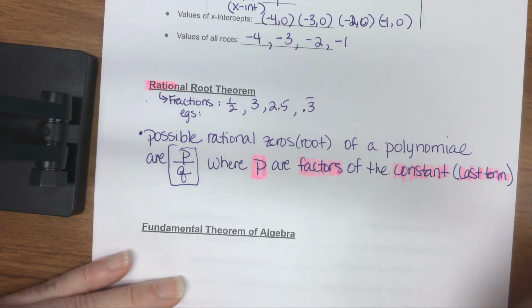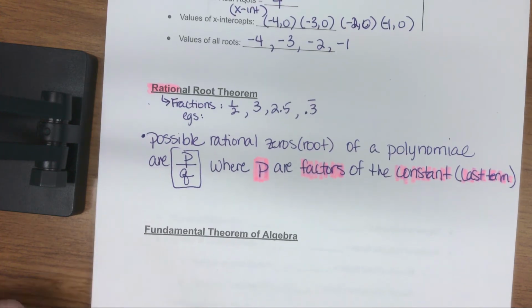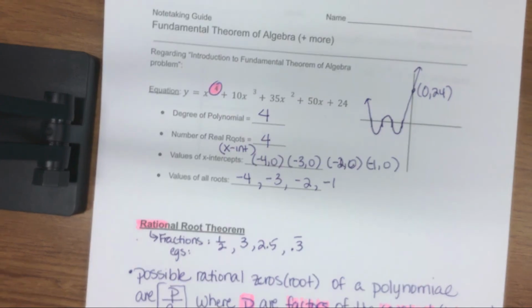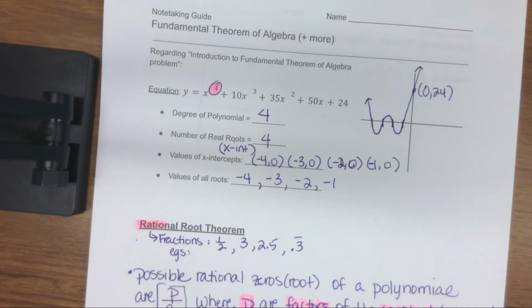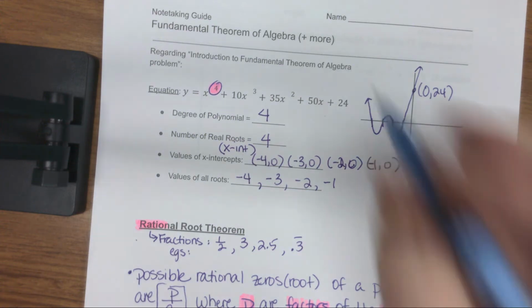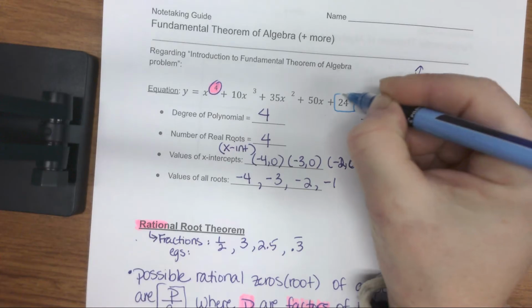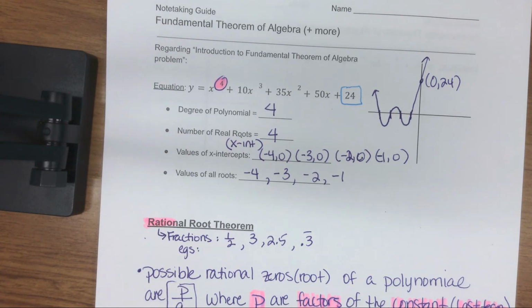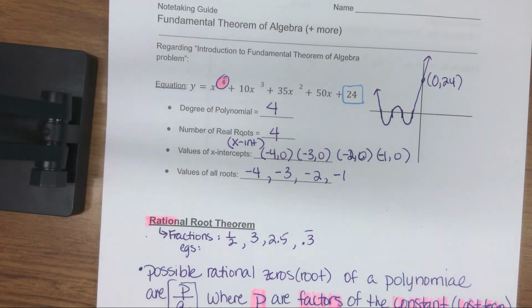Would you look up at my polynomial above? I'll tell you what Q is in a second. Would you put a box around the last term, or the constant, please? Hopefully you put a box around 24, okay? So the things that go on the top of my possible roots are factors of 24.